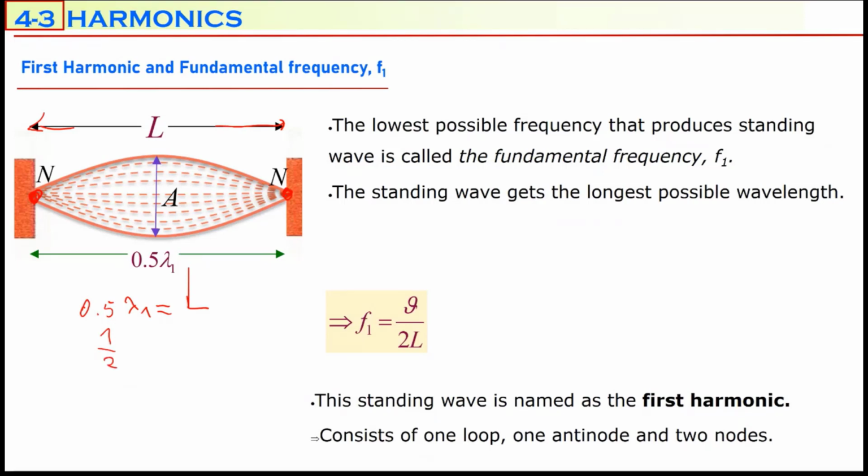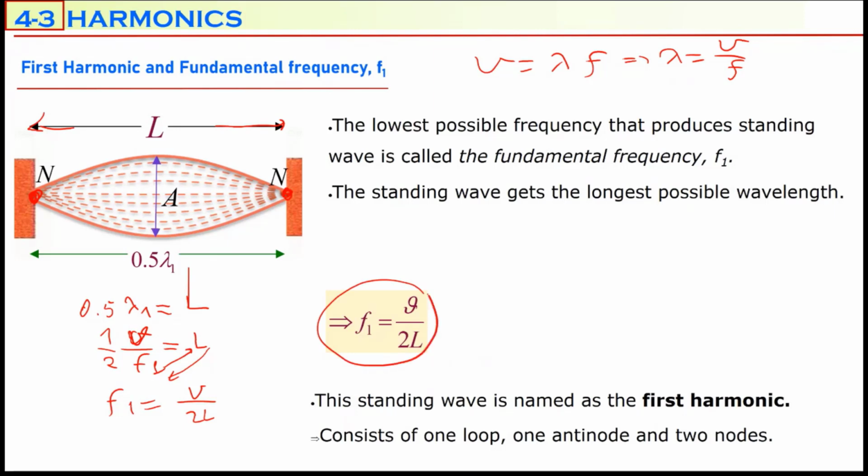Lambda 1, how can I write lambda? V is equal to lambda times f. So then lambda is equal to V divided by f. So instead of lambda 1, I will write V divided by f1. V divided by f1 is equal to 2L. So then I will get f1 on one side, L on the other. F1 is going to be V divided by 2L. So this is the frequency of the first harmonic.